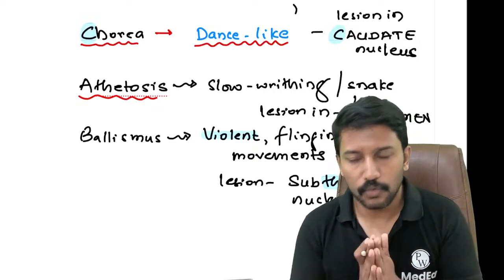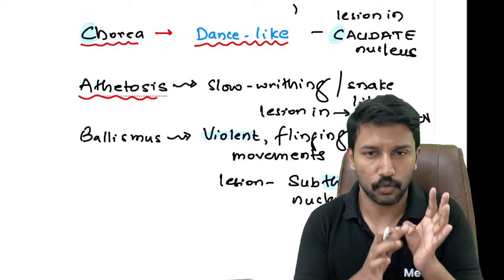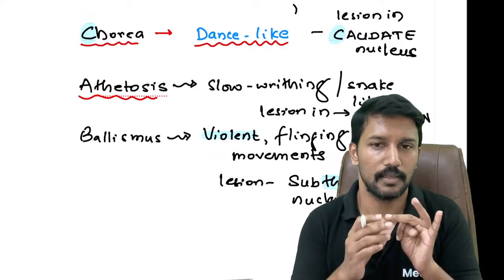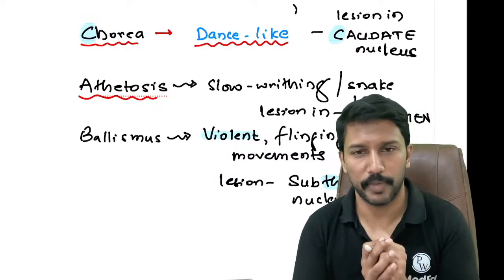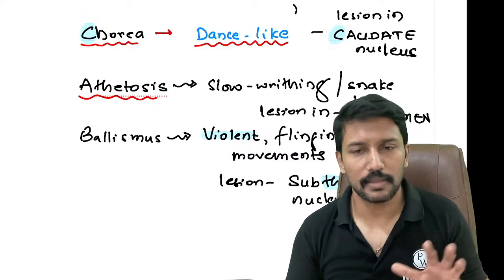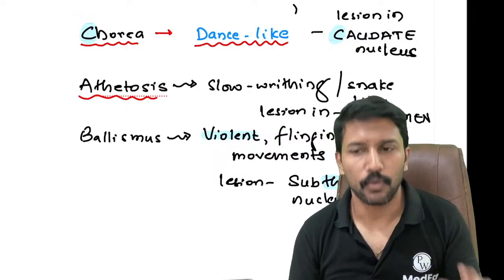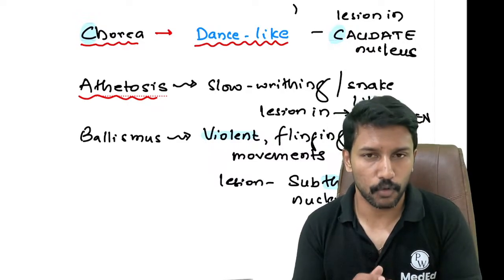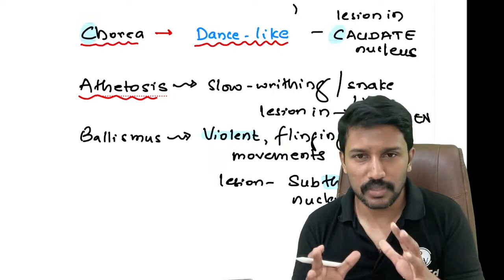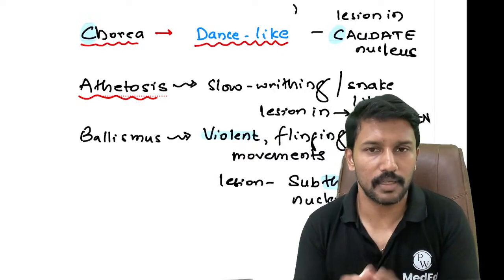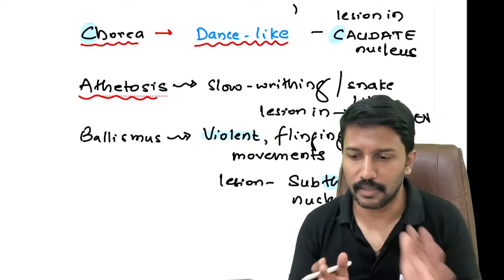So what we have addressed now are the most important topics: the tone, reflexes, certain syndromes, aphasias, and movement disorders. Out of these, I am expecting 2 to 3 questions. Another 1 or 2 questions might come from GB syndrome, myasthenia gravis, and stroke. Those 3, I will give you a short one page summary of each in the notes.